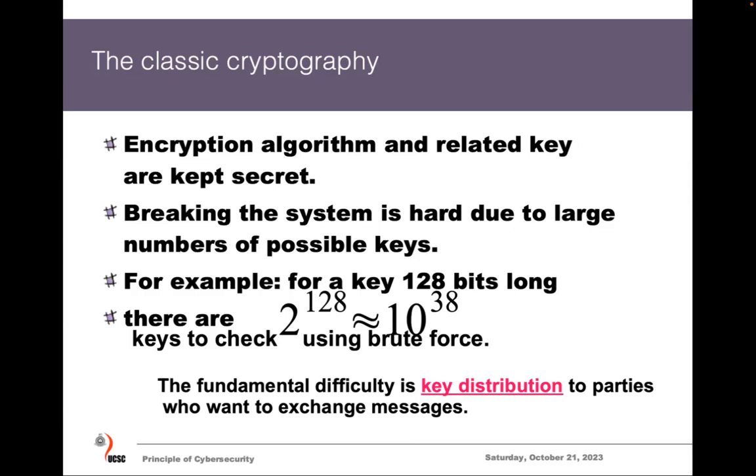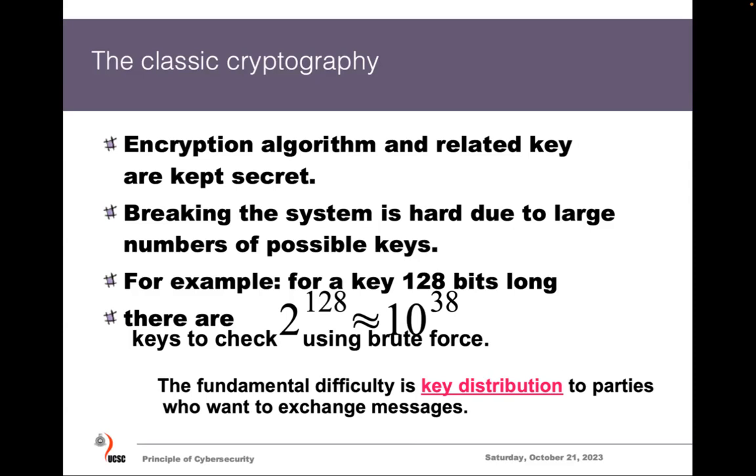Otherwise, symmetric key itself has the key distribution issue. Symmetric key alone cannot be practically used in day-to-day activities because we cannot send the key from the sender to the recipient through the same medium. So that's the major issue.